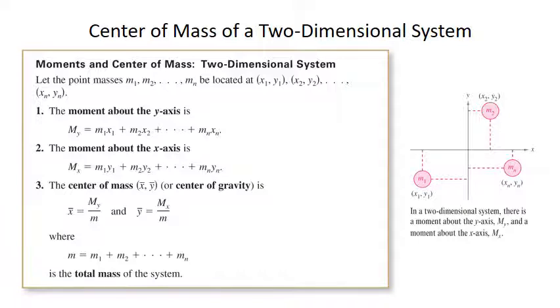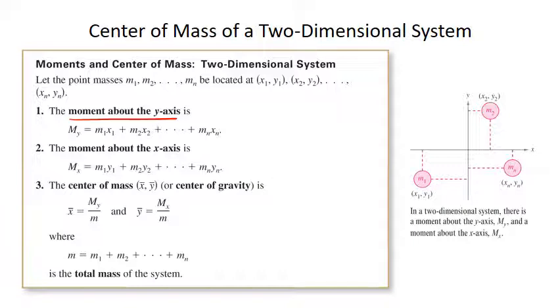And here, one thing to think about is, in general, a moment about a line, so whether it's the x-axis or the y-axis in this case, a moment about a line is the sum of the product of the masses and the directed distances from the points to the line.